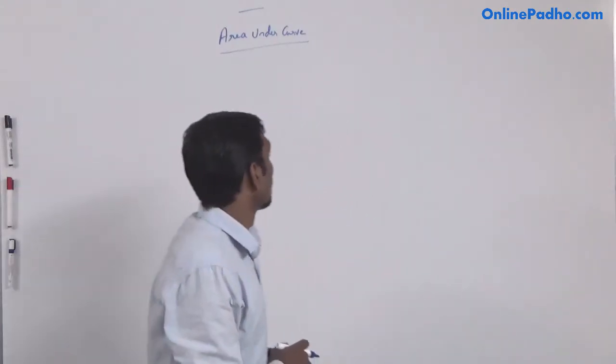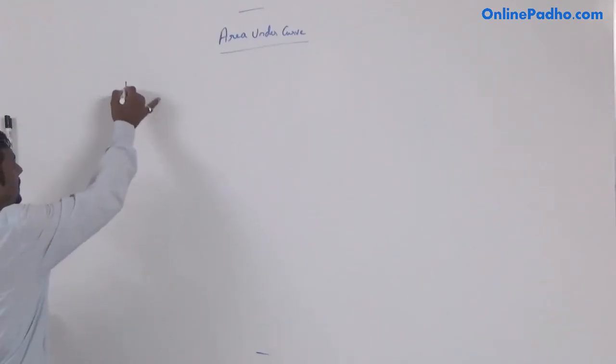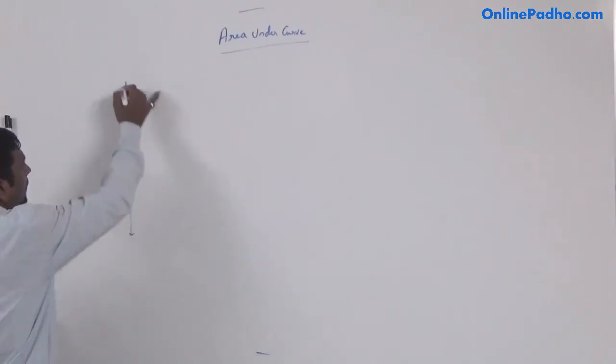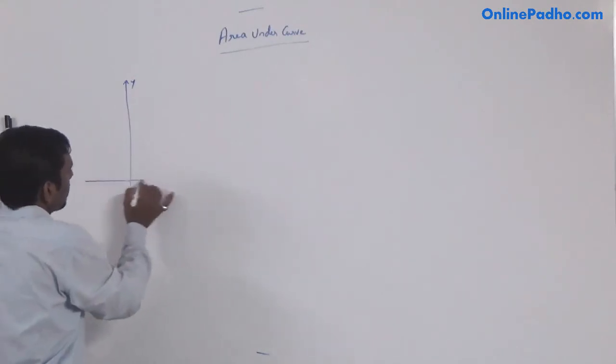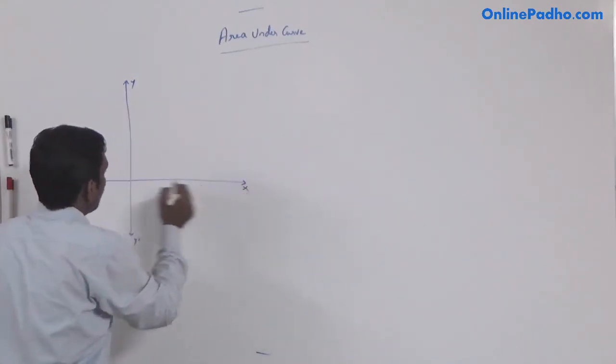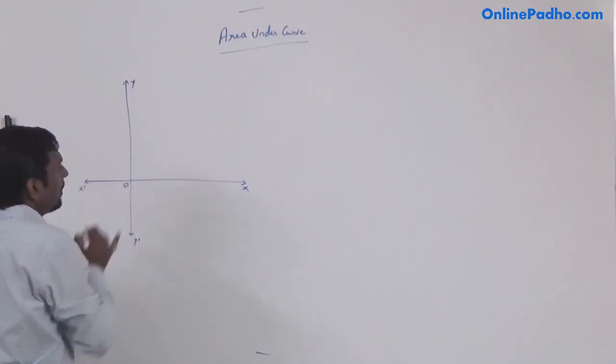Now, how can you find area under any curve? Let us see the basic concept of this chapter. This is a very simple chapter. This is also called the application of integration, as we discussed in the limit of the sum in definite integral.